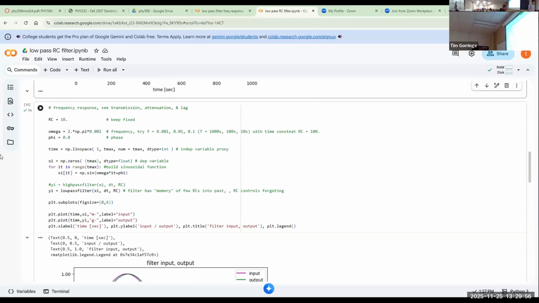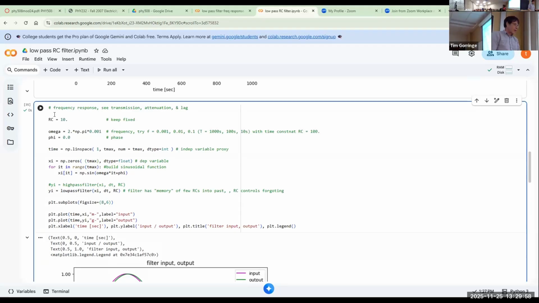Okay, second cell of calculating. So here I wanted to look at the frequency response of the filter. That's another way of characterizing the filter, by applying a specific sinusoidal signal with a specific frequency and looking at, at most basic level, does that signal pass through the filter?